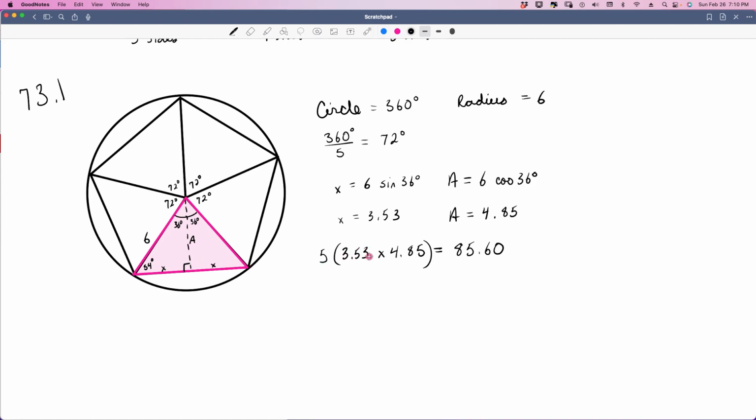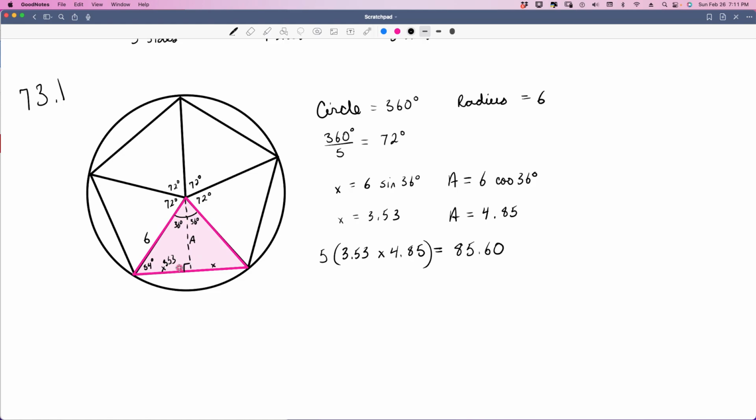So what I did was I said 3.53 times 4.85. Wait a minute, Miss Tracy. Area of a triangle is divided by 2. Yes, it is. However, remember, this is 4.85 and this little x is 3.53. This is already divided in half. We found the area of the whole thing because we divided the base by 2 when we found the apothem.